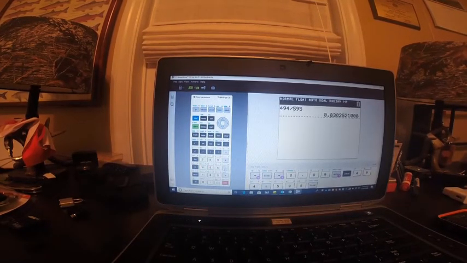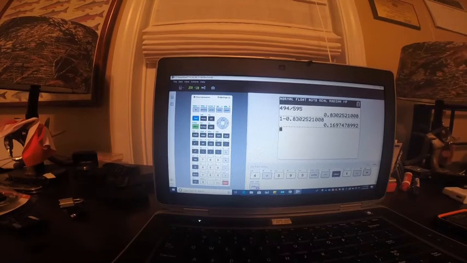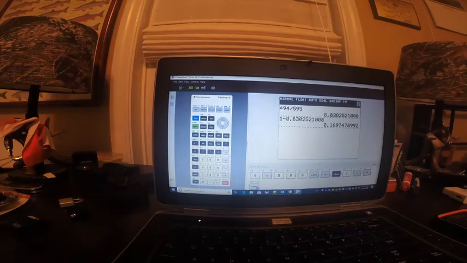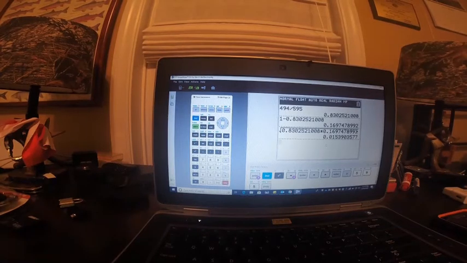That's our P. 1 minus P is our Q. Okay, so there's our P and our Q. Now if I want to find this, I'm going to have to take the square root of that and divide it by N. So I'm going to do big square root P times Q, all divided by N, here was 595. Okay, so that tells me that my standard deviation I'm looking at is 0.015, right?